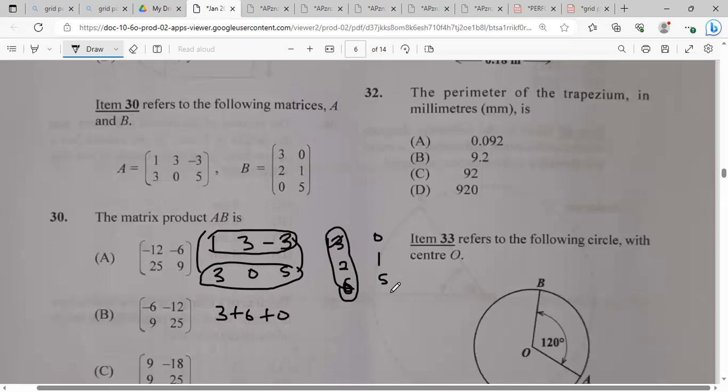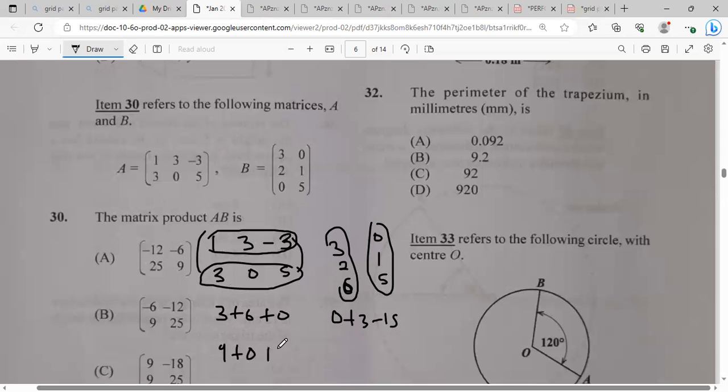On to row 1 again, same way. 1, 0, 0. 3, 1, 3. Negative 3 times 5, negative 15. And then 3 times 3. Remember, I said this is 3, guys. So this is 3. Alright, so on to row 2. 3, 3 is 9. 0 times that is 0. 0, 5 times 0 is 0.